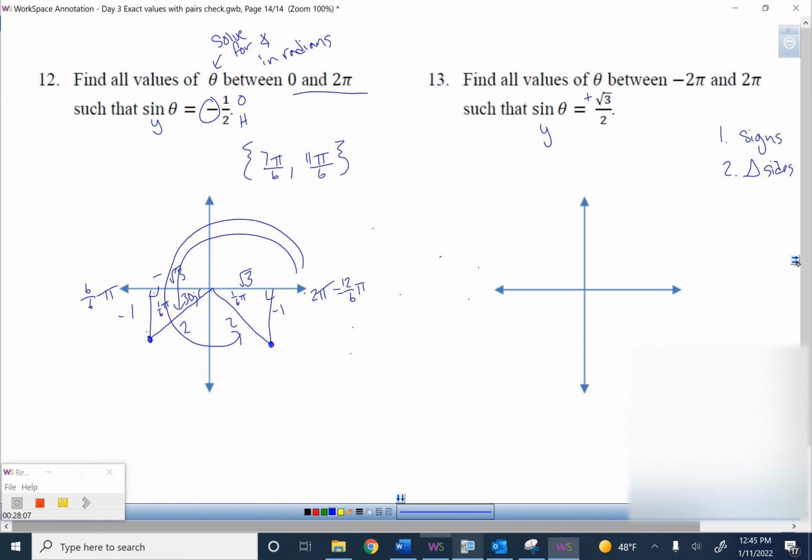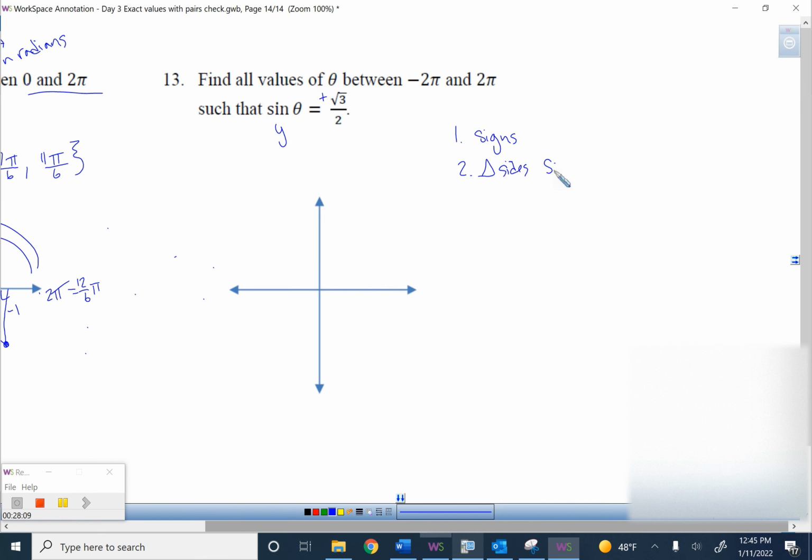And that's using your SOHCAHTOA stuff. And then your third step is fill in the angle based on that stuff. Use those instructions to draw your triangles for me. We're going to talk about the final answer together.